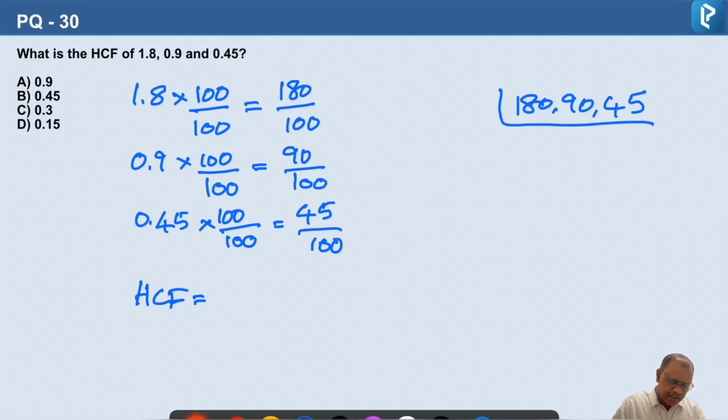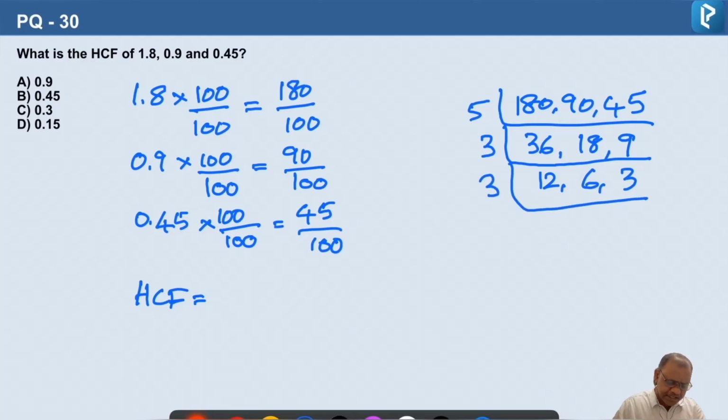Divisible by 5. 5 thirty-sixes, 5 eighteens, 5 nines. Now they are divisible by 3: 12, 6, 3.